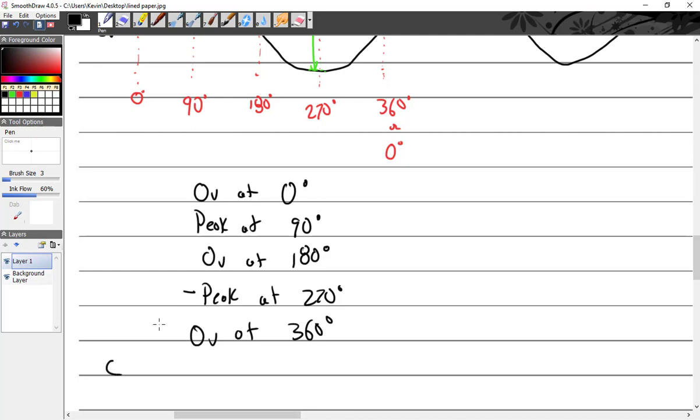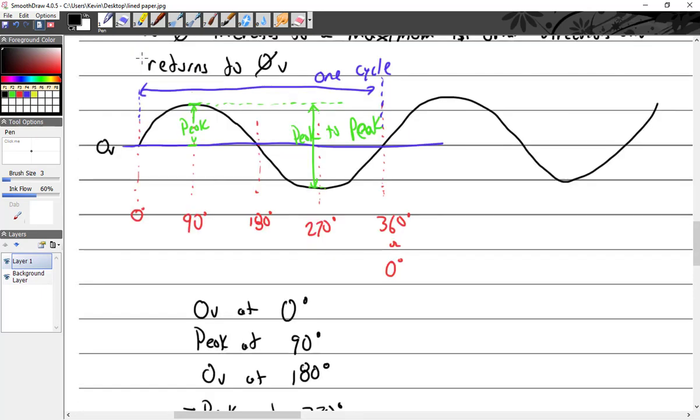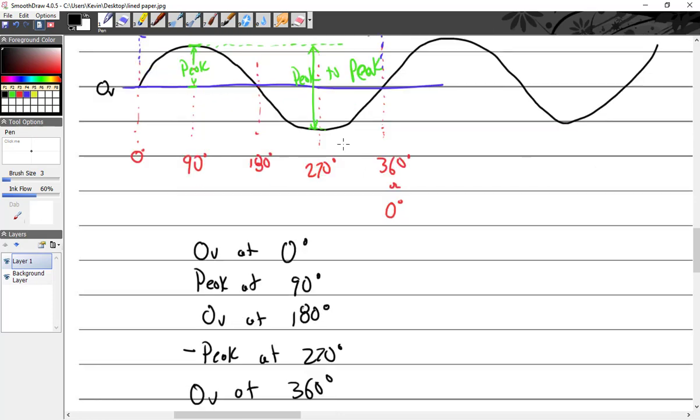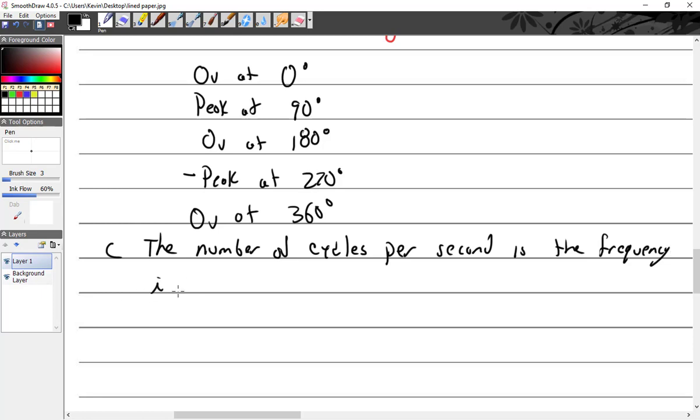All right. The number of cycles per second is called frequency. The number of cycles per second is the frequency, also called hertz.